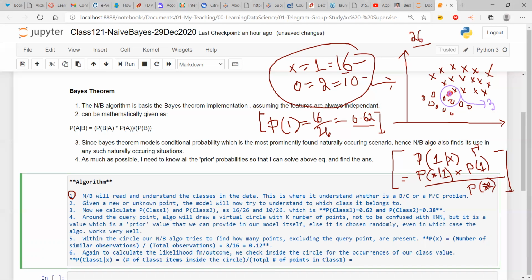There is only 1 point of class 1 here, so this is going to be 1 divided by 16.